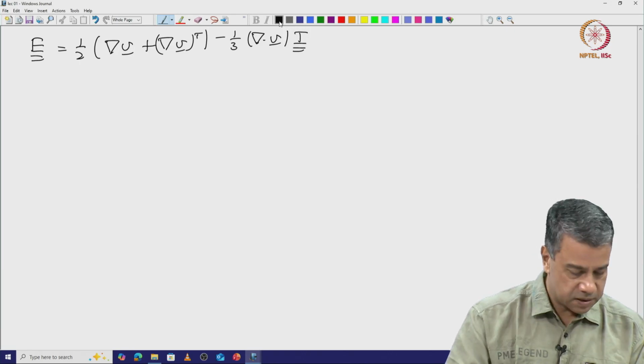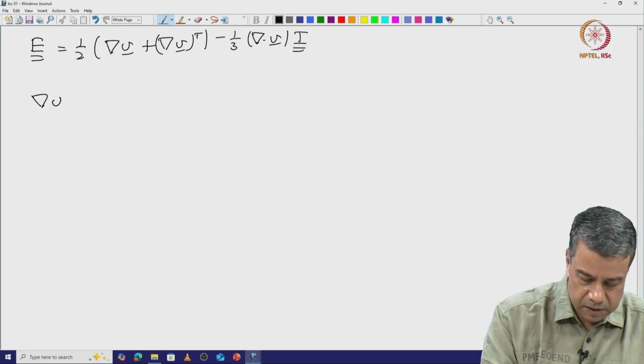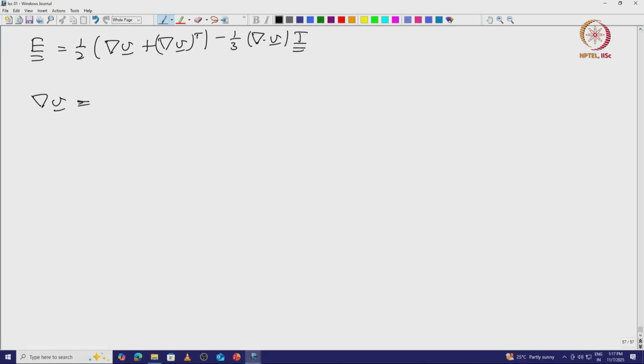So, in 2 dimensions, the gradient of the velocity can be written with the unit vectors Ex Ey.